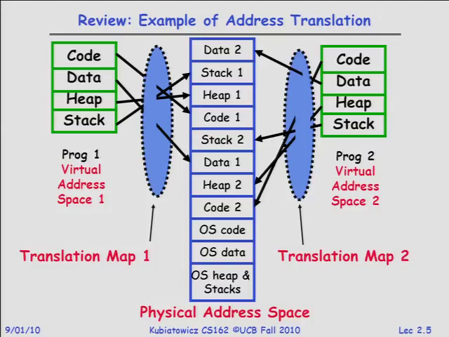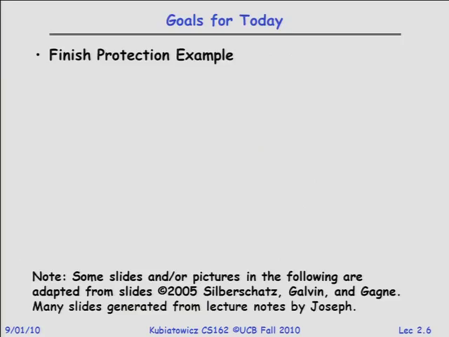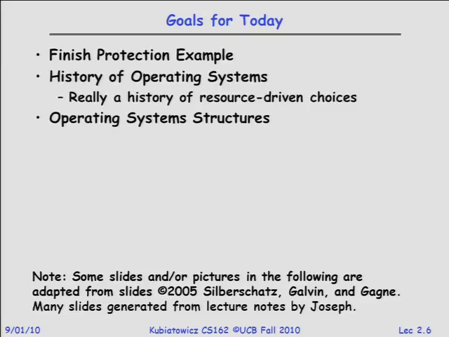We need to somehow restrict the little blue bubble things here, which I haven't told you what they are, so that only the OS can mess with them, not the process. And so that's why there's this second mechanism called dual mode, which I'm going to tell you about in a second, and then we're going to dive into some history. And we'll actually show you some operating system structures so you go away feeling like you learned something about operating systems today.